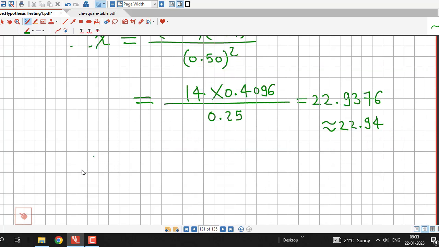So therefore value of test statistic is 22.94.